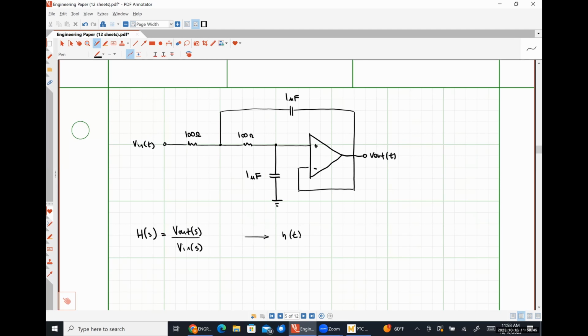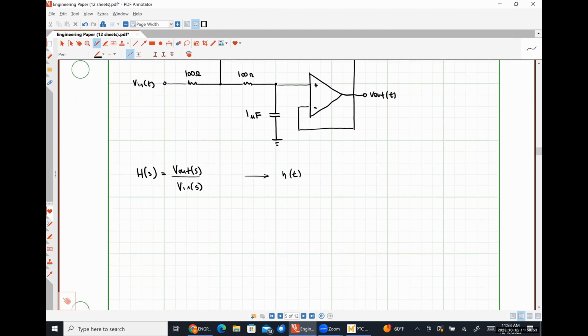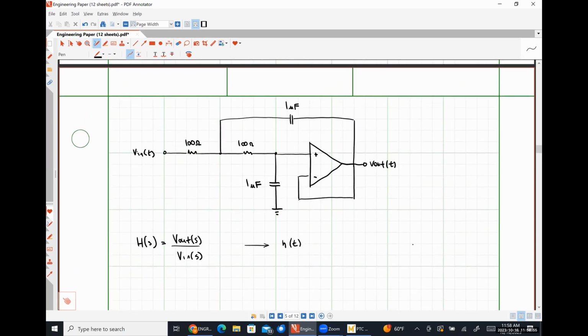What do I need to do? Okay, so transforming the circuit into the S domain, obviously the first start. I'll just put it in red, right? So let's just call this resistor R. This is going to look like 1 over SC. This is also going to look like 1 over SC.